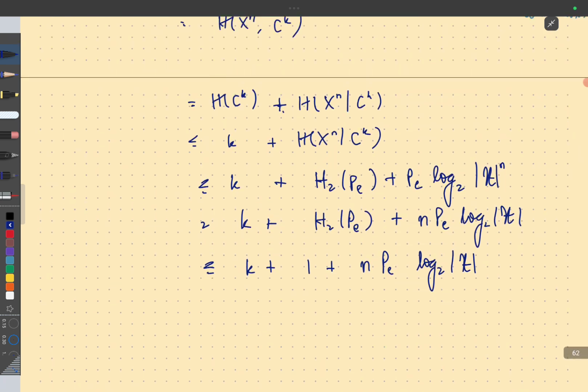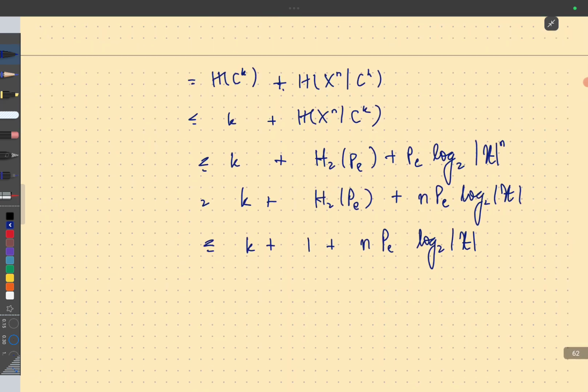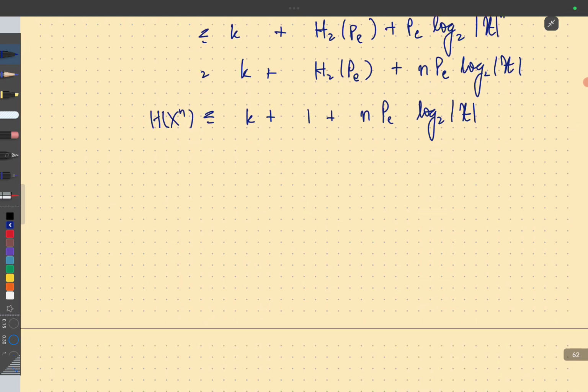So if I rearrange, remember that the left hand side was h of xn. I have the probability of error to be greater than or equal to h of xn minus k minus 1 divided by n times log cardinality of x.